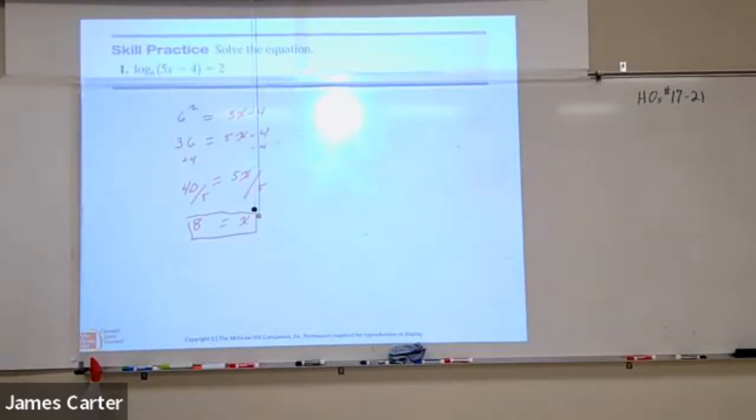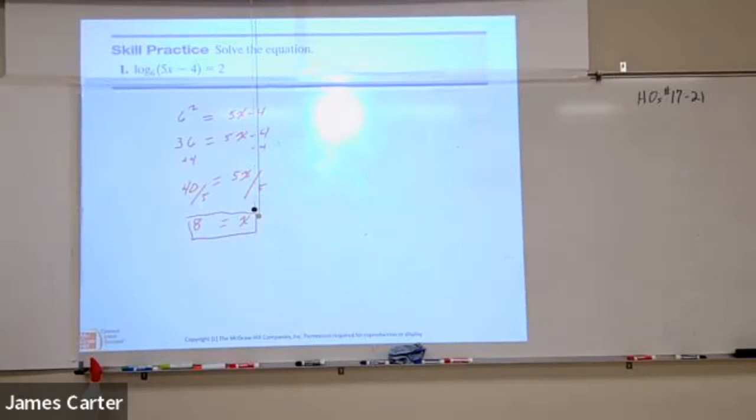Okay, what about this one? Well, this is almost like the last one. Here, I change this to exponential. The base is the same. Here's the power. There's the argument. 6 squared is 36. Add 4 to both sides, get 40, equals 5x.